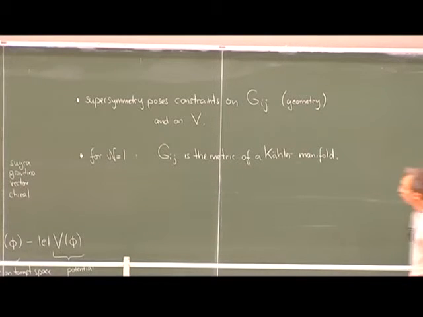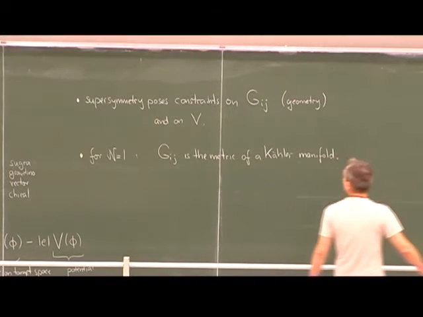Okay, a complex manifold. You see, since scalars come in pairs, there's always an even number of scalars. They should be the coordinates of a complex Kähler manifold.